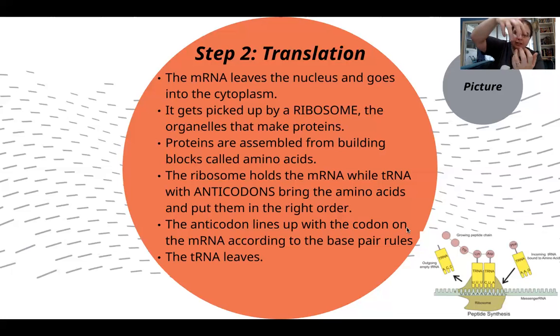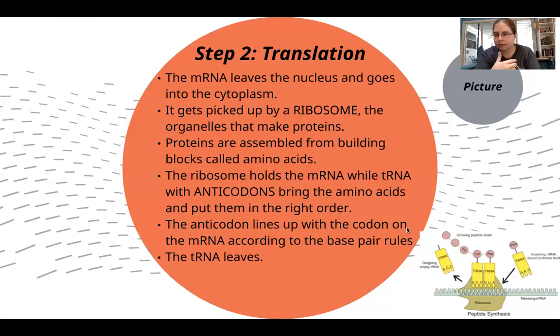They'll slide into those slots on the ribosome and they will be able to line up with their complementary codons. On this end, they have an amino acid. Now that amino acid is going to be added to the chain of amino acids, and it's going to keep going and going and going.